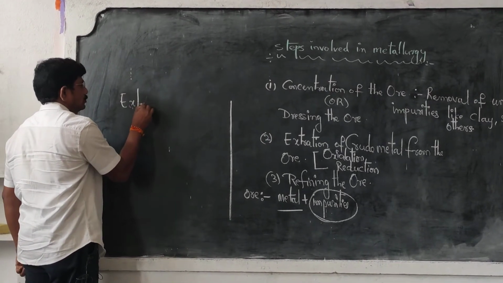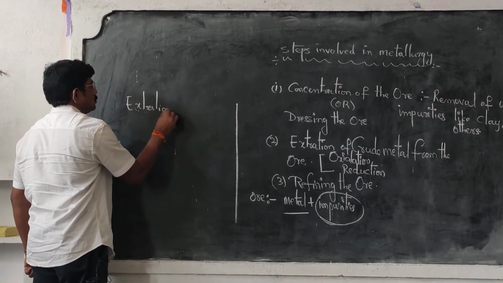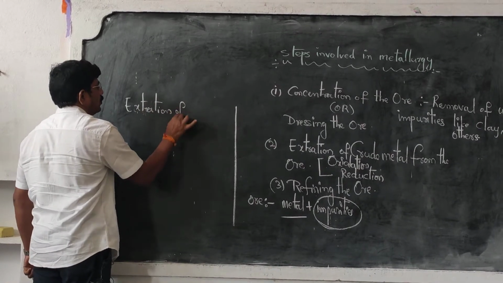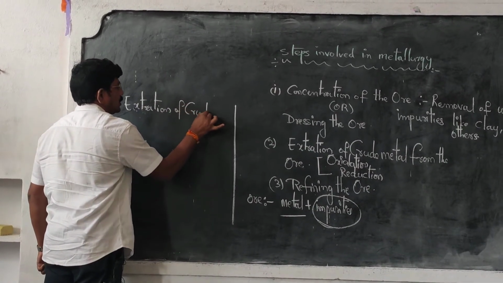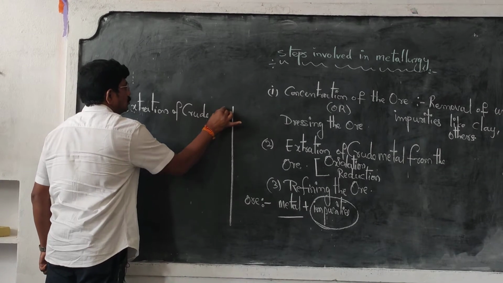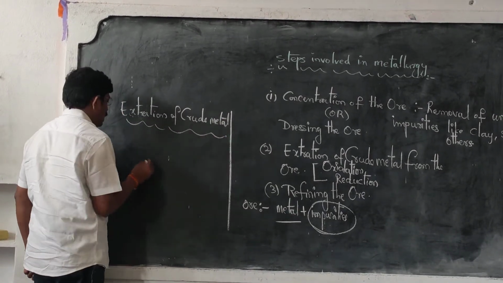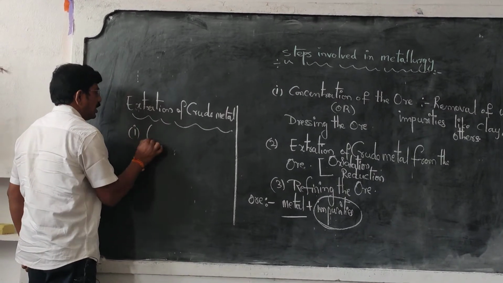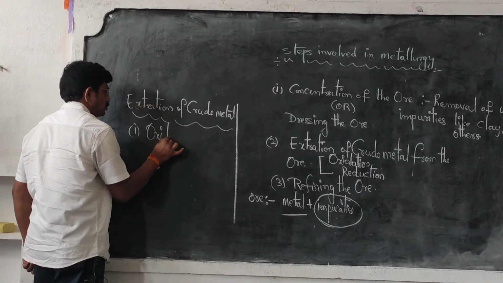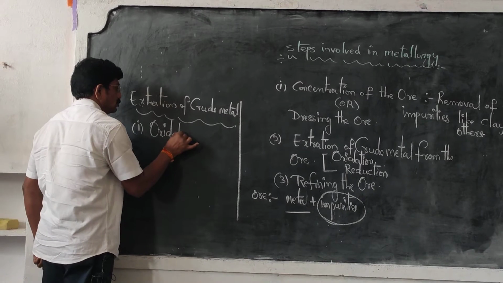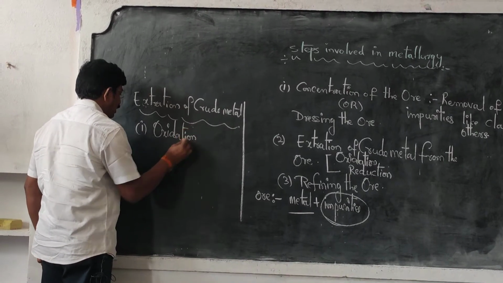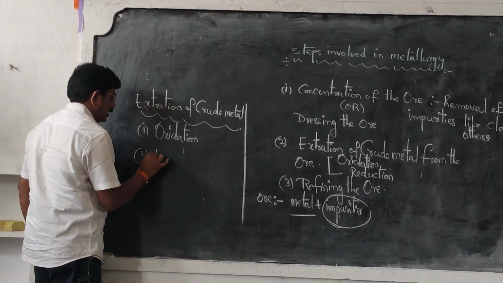Extraction of crude metal involves two steps. What are the two steps? First one is the oxidation. The second one is the reduction.